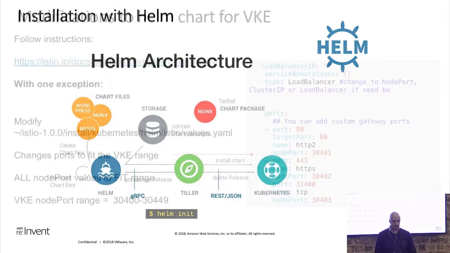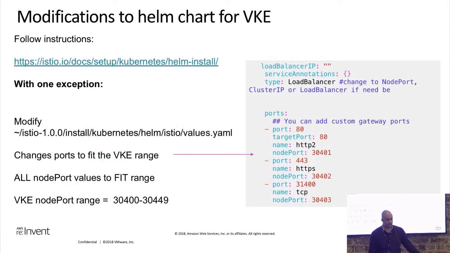So the first thing, and one thing you have to realize from a best practices standpoint in installing Istio, is you have to be cognizant of the port ranges. In addition to labeling them correctly for the application, now you have to be cognizant of what port ranges are allowed or not allowed. Different services are potentially restrictive.